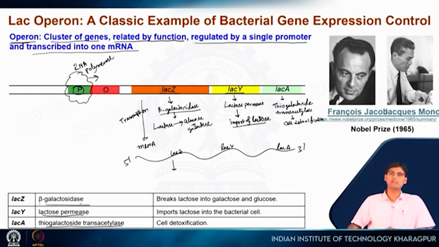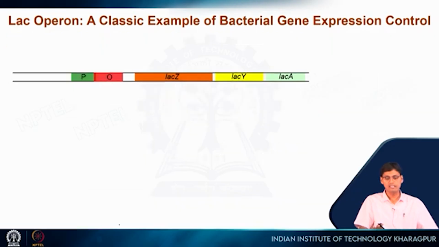But the question here is, if lactose is not present in the environment where the bacteria is growing, then why would the bacteria make these lactose metabolizing gene products? If lactose is not there, there is no use of beta galactosidase or lactose permease. So the gene should be turned off, right? Whatever I mentioned in the previous slide is the outcome of the lac operon.